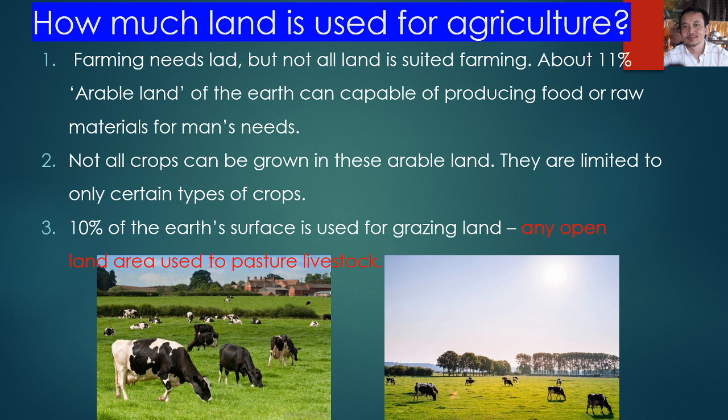The most extensive grazing lands include the prairies of the USA and Canada, the pampas of Argentina, and Uruguay, a country on the Atlantic coast of South America, south of Brazil.